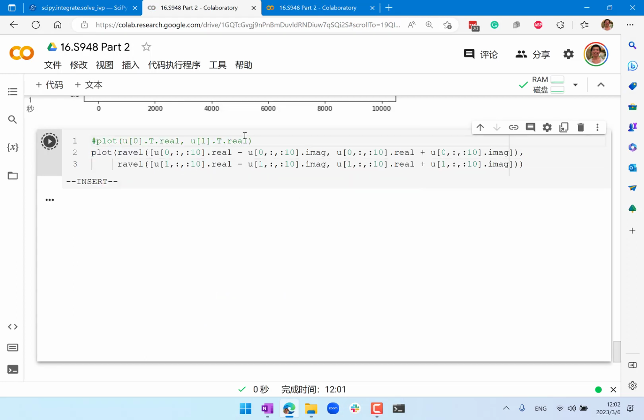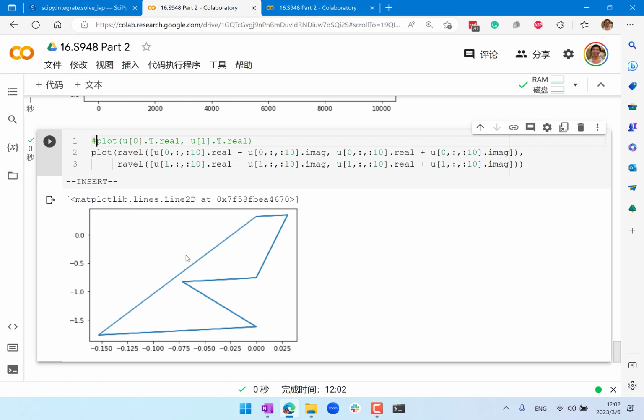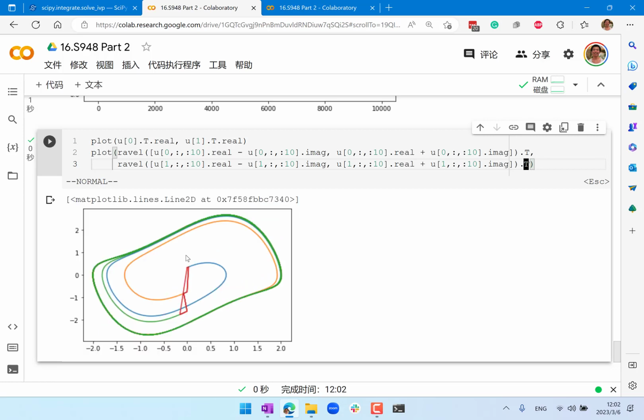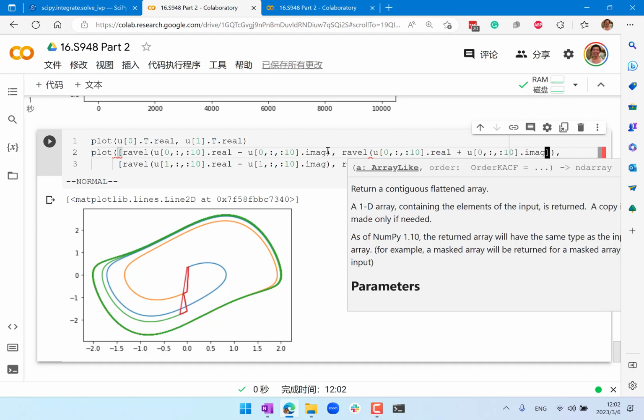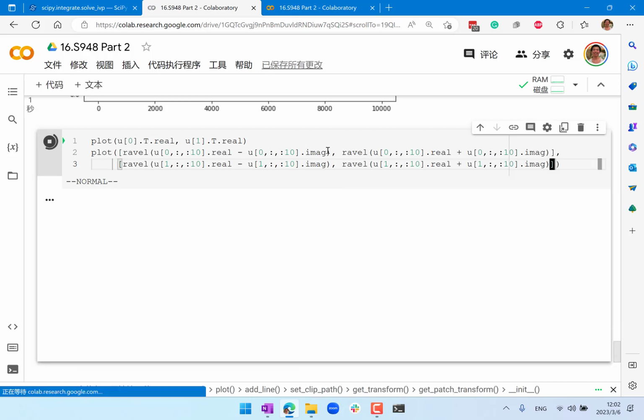Let's see what this does. Oh, I do need to transpose then. Okay. Wait, that's wrong. I think I raveled at the wrong location. So yes, I still want the end of the array to be... okay, I think that's right.